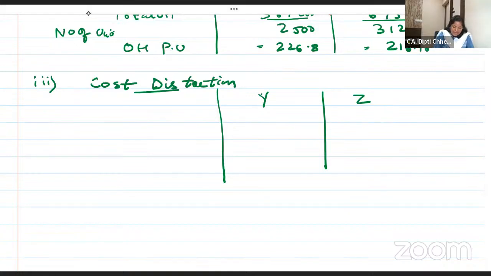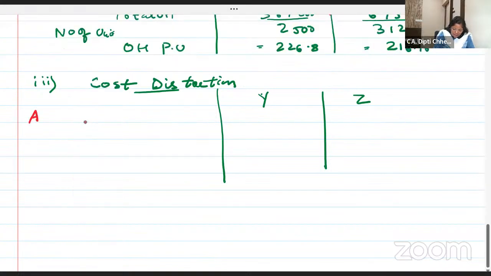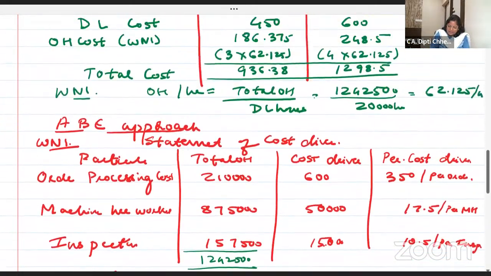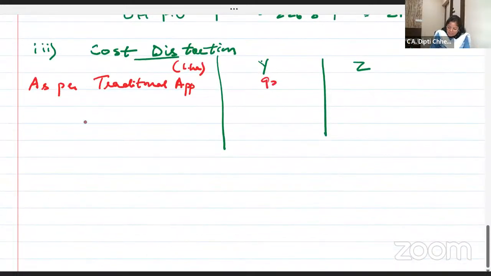Okay, chalo, let us copy the figures from your first working note. As per traditional approach, like labor hours. You can write traditional approach or labor hours के basis पे what is your cost. यहाँ से look at the screen, ये रहा 936.38, 1298.50.